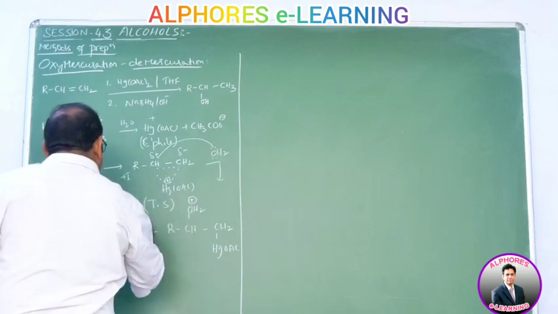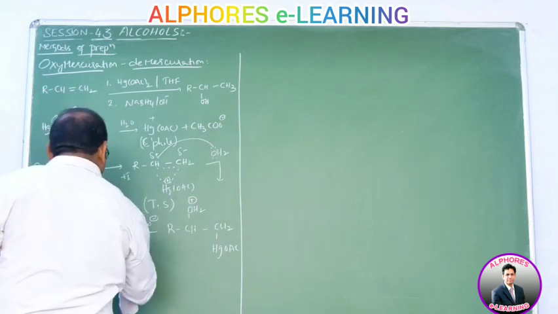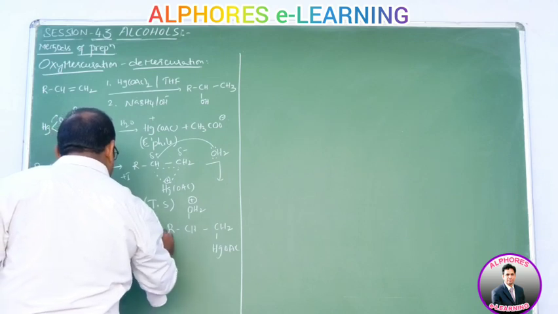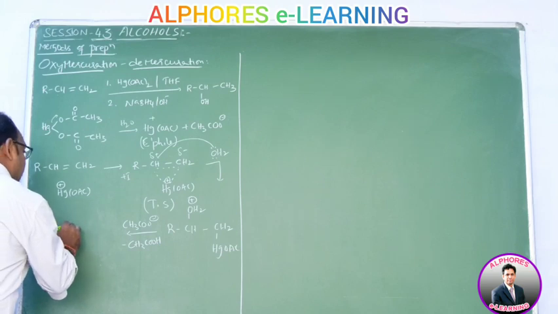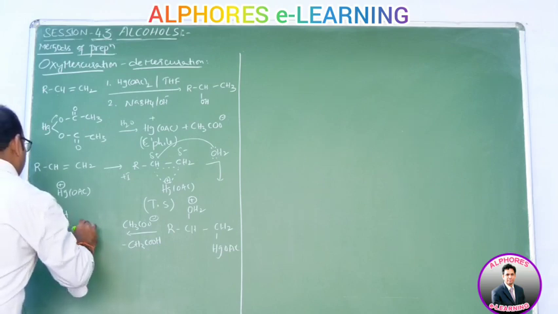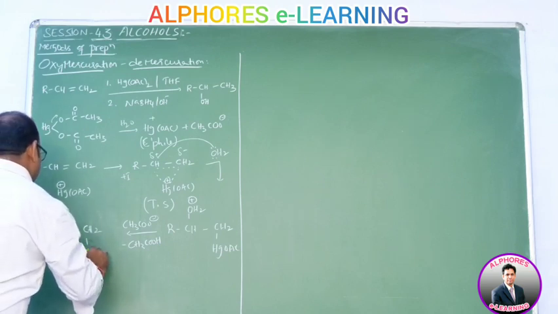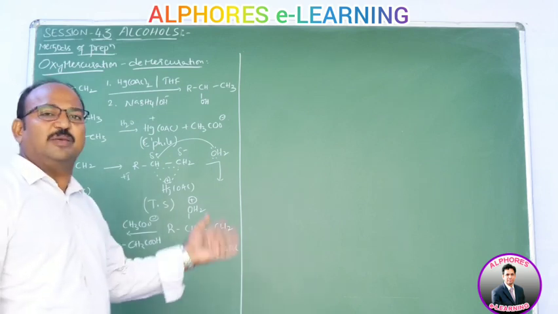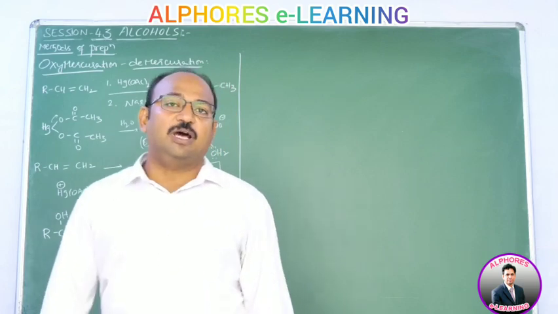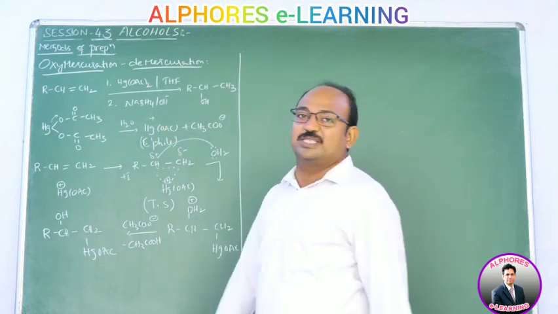The acetate ion CH3COO minus takes the proton and converts into acetic acid CH3COOH. What remains here are CHOH and CH2HgOAc. So far mercuration is completed; the first step, oxymercuration, is completed.